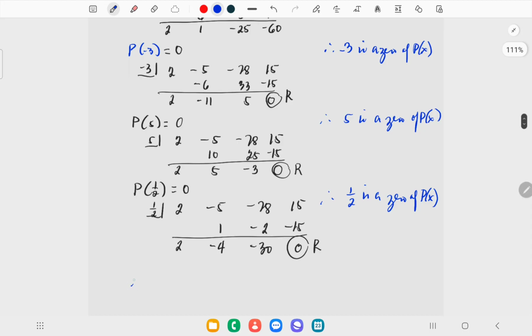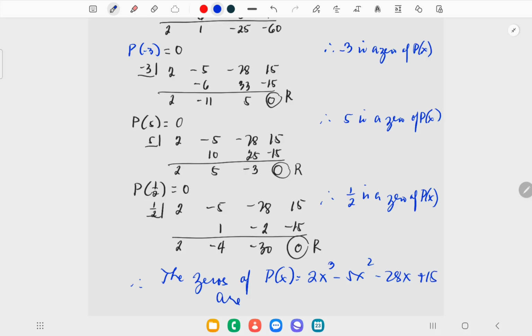In conclusion, we now say that the zeros of P of x being 2x cubed minus 5x squared minus 28x plus 15 are negative 3, 5, and 1/2. So that is how we solve for the zeros of a polynomial function.